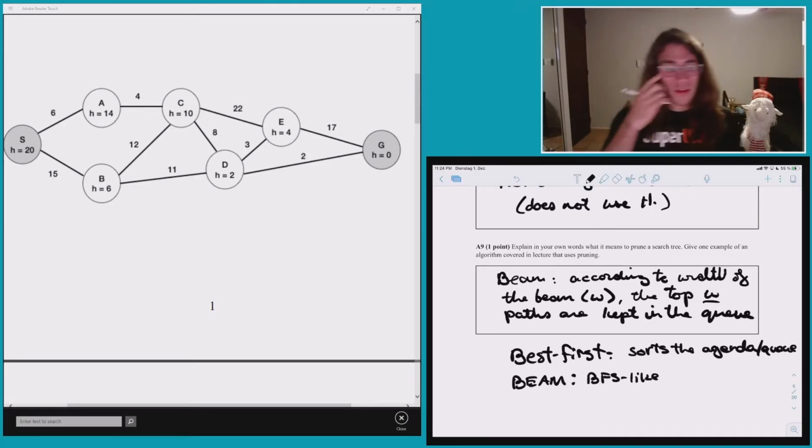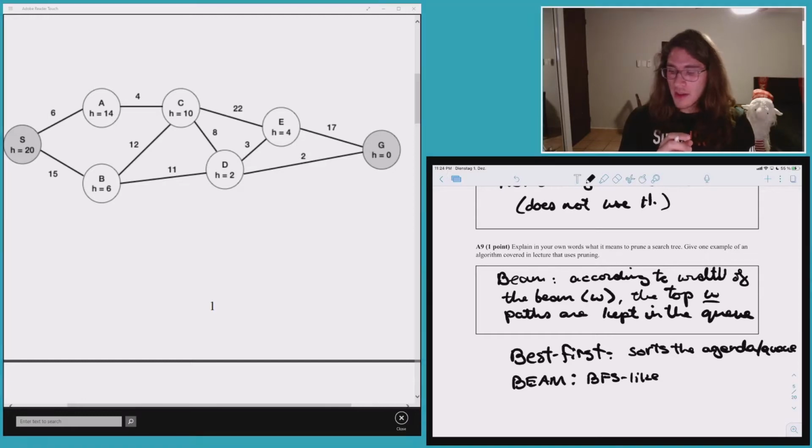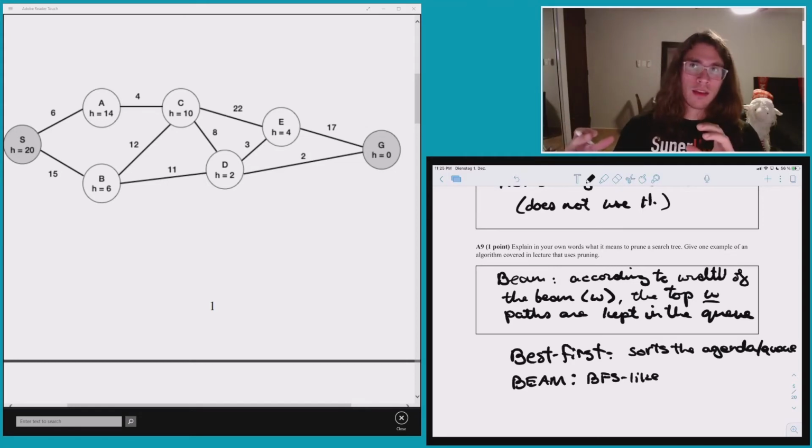But the detail that I missed was it's not that Beam sorts the queue and then only looks at the top W paths. It's that it expands the entire level, it sorts them by heuristic, and then it picks only the top W, or the best W, to add to the back of the queue.